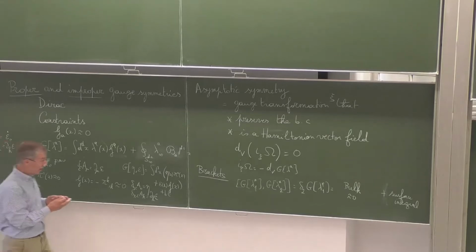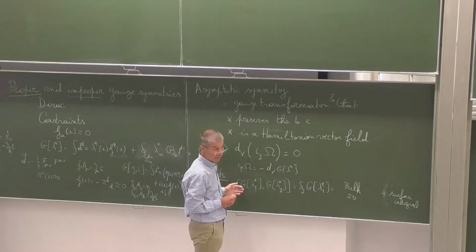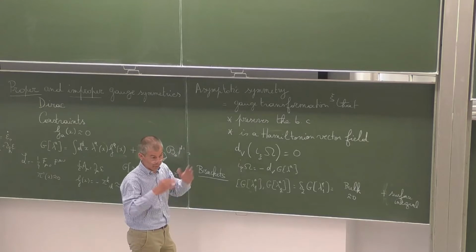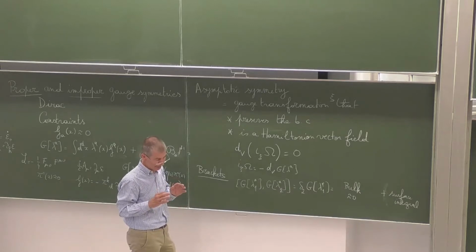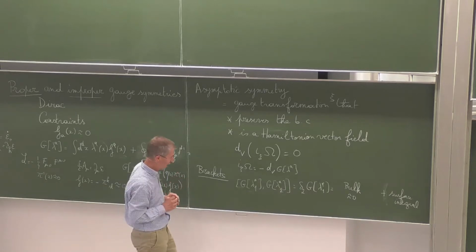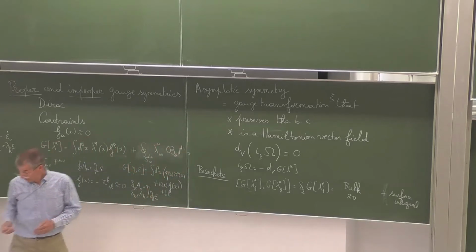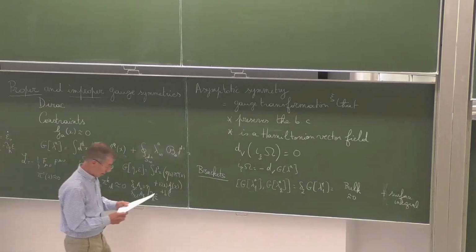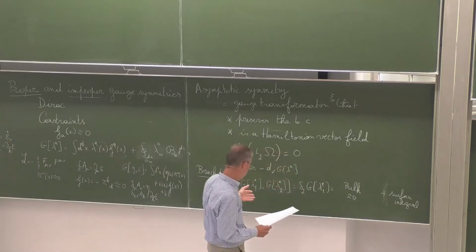And from what we have seen, because proper gauge symmetries form an ideal of the algebra of all asymptotic symmetries, what I will call the asymptotic symmetry algebra, the group structure might have to be discussed, is a quotient, which is meaningful because I have an ideal.